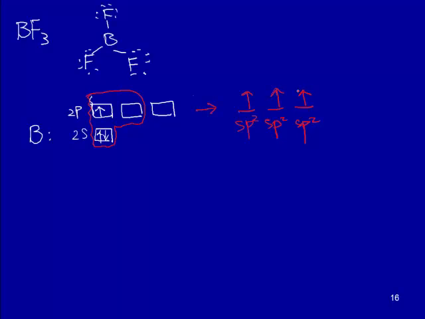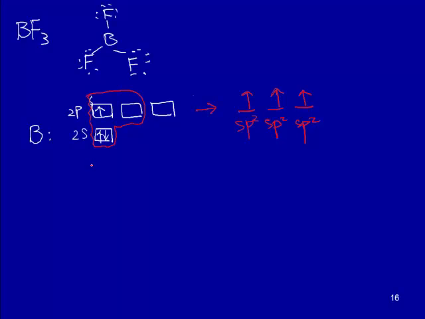Given that, you'll have this arrangement, and now the sp2 will have the connection with the fluorine, and you can have sp2-2p overlap, which gives you the proper sigma bond between the boron and the fluorine. Again, this is coming out of necessity.